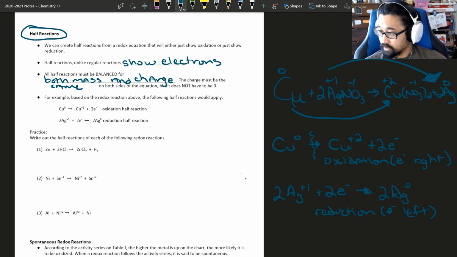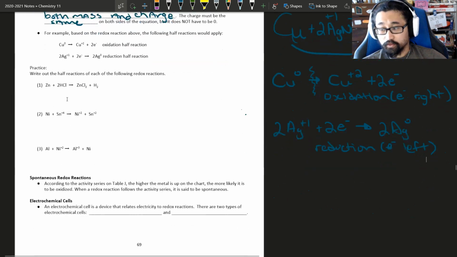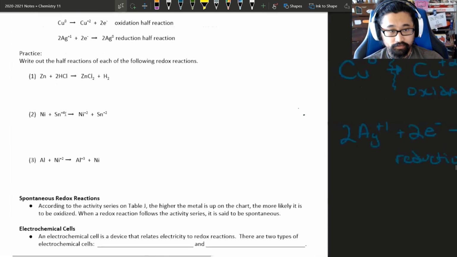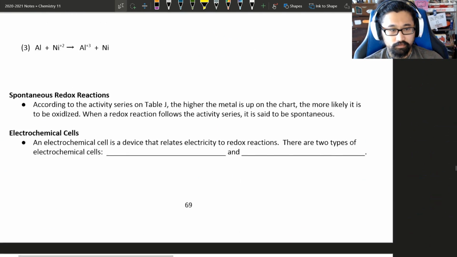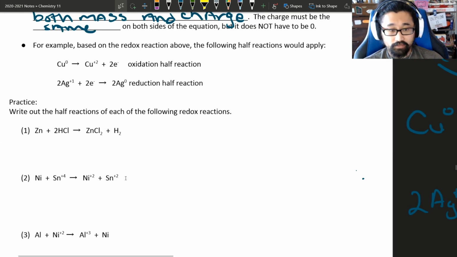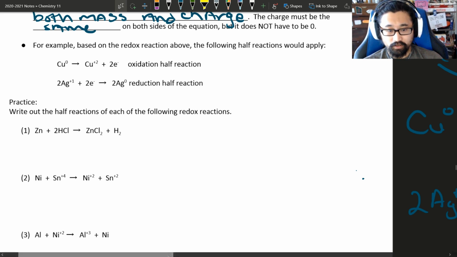Now, I'm going to ask you to do these 3 practice questions here. Give them a shot. You have to do 2 things. It says to write out the half reactions. First, label all the charges. If there are charges labeled already for you, like there are here, then obviously you do not need to label charges. They are already labeled for you.